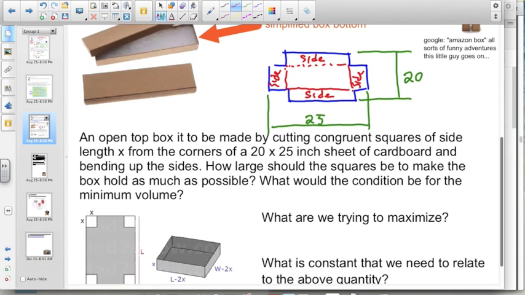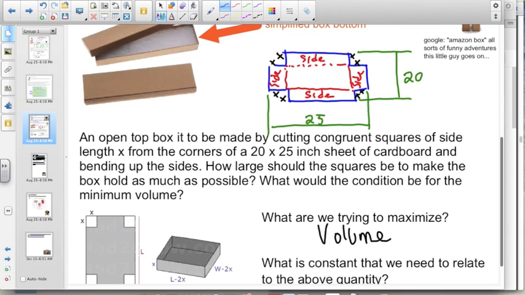If I cut off a little corner, and let's just label that cut X, how big does that cut have to be in order to make the biggest volume possible? So what are we trying to maximize? Volume.